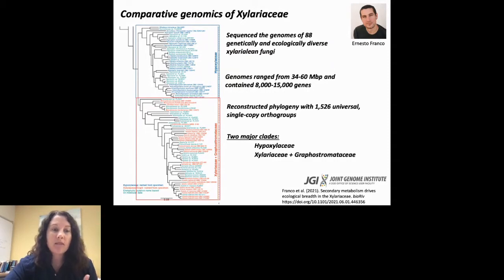The bottom clade is the Xylariaceae plus members of the Graphostomataceae, but I will refer to this bottom clade in red as the Xylariaceae sensu lato. The endophyte genomes are highlighted in this teal color, and we have a mix of endophyte and non-endophyte genomes throughout this group of fungi.